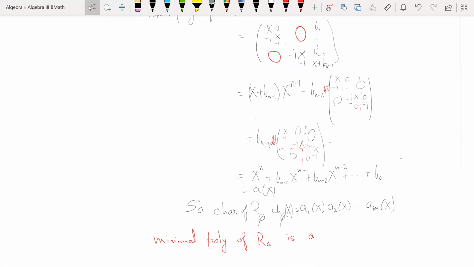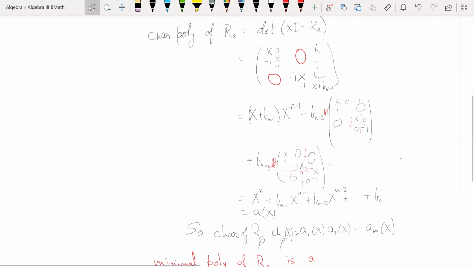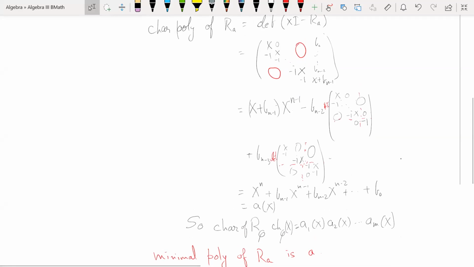So that vector space you can write as k[x] mod a(x). So the minimal polynomial of R_a is a, and the characteristic polynomial is also a.